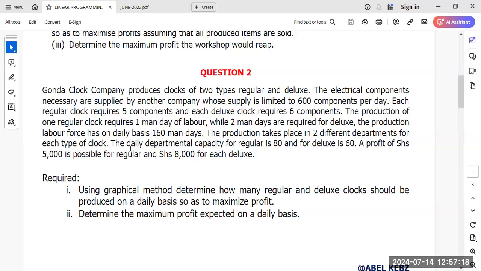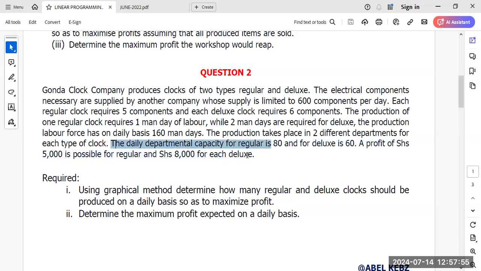But they have not shown you the overall departmental capacities for the company. In the situation where they have not shown you the overall value, you have to look at each separately and formulate an inequality for each separately, because you cannot combine. You combine together where you have the overall total.